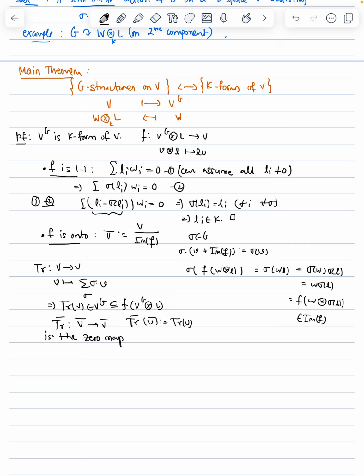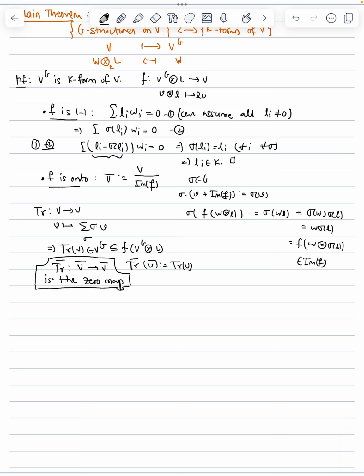Now you can show that whenever on a vector space the trace map is zero, then the domain itself is zero. More generally, if you have a trace map from V to V, say that V is non-zero, so it has a non-zero element, then there exists some a such that the trace of aV is non-zero.